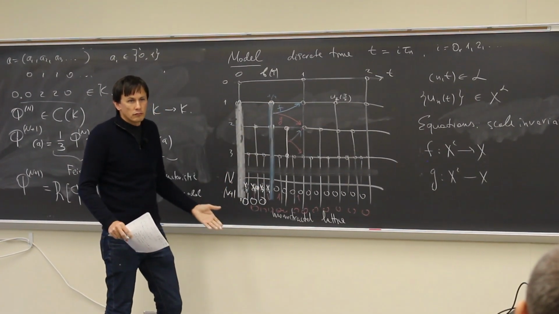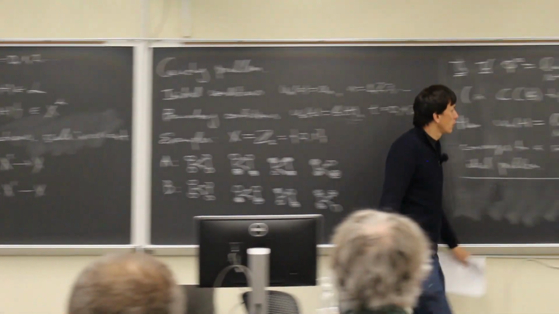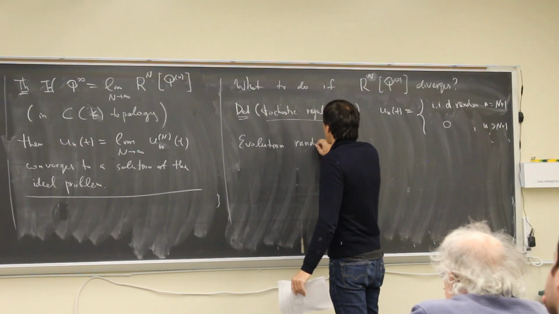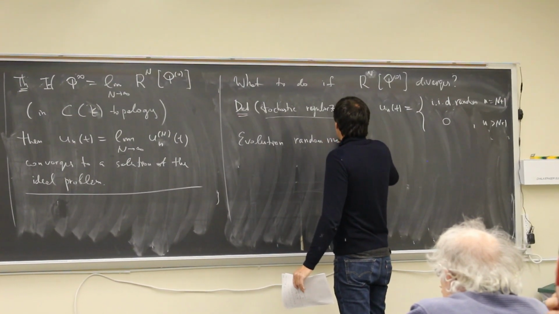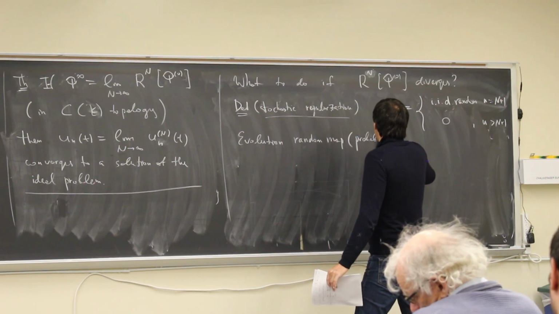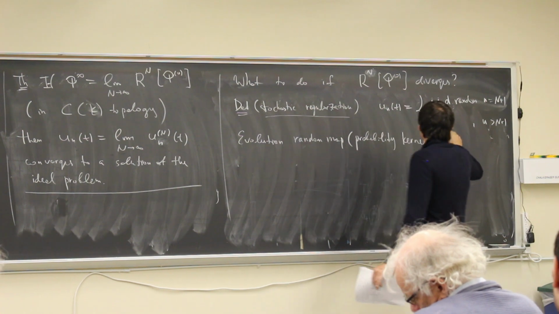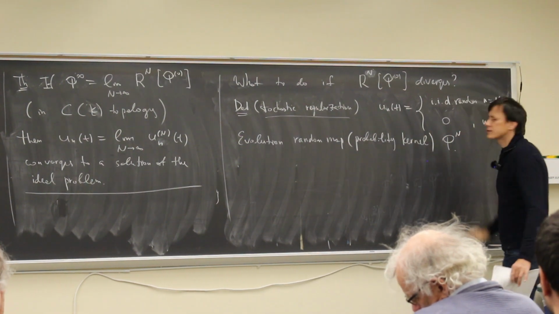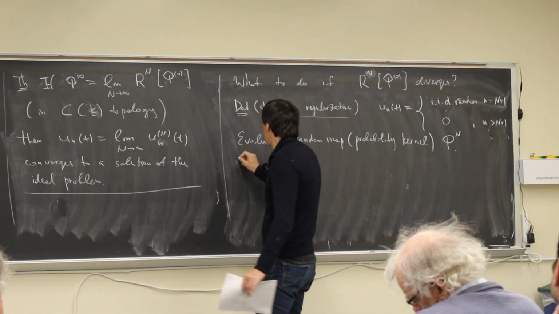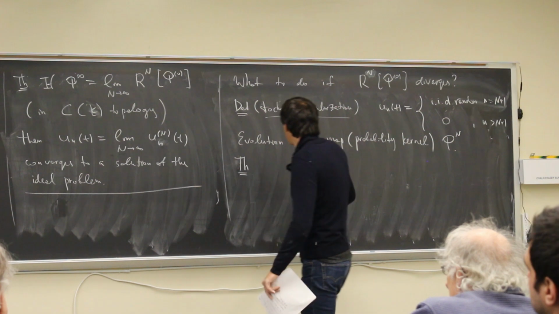So it's a kernel, a random map, a probability kernel, and we use the same letter. What you can show is that the same operation, the same thing, works.